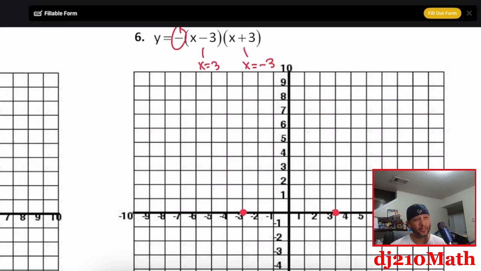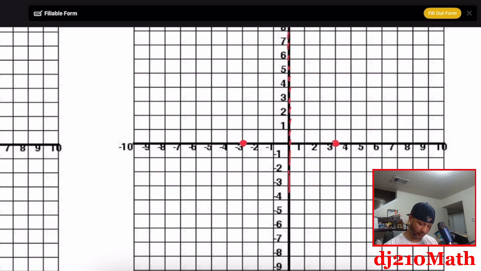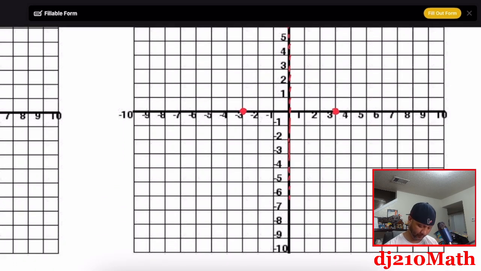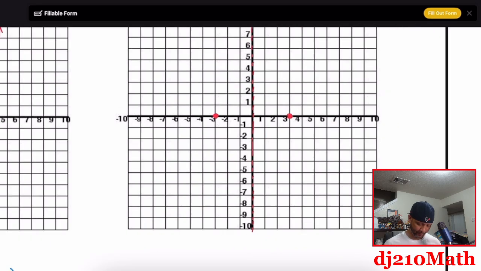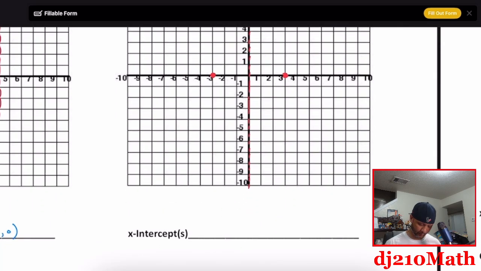Axis of symmetry is exactly in the middle of these. So that's nice. It's going to be the y-axis, right, x equals 0. X equals 0. Okay. So intercepts are negative 3, comma 0, and 3, comma 0.